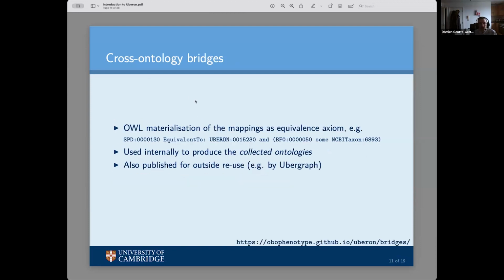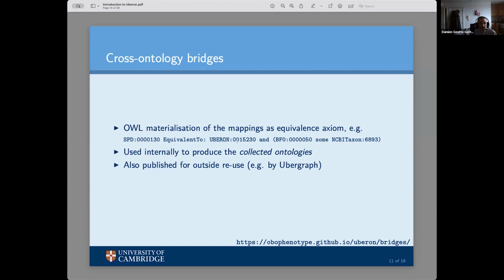Now the bridges are merely an OWL representation of the mappings. So a mapping, as I said, is just a statement that one term, for example, from the spider anatomy ontology is mapped to one term in Uberon. A cross-ontology bridge is just an OWL file that contains all axioms that materialize those kinds of statements.